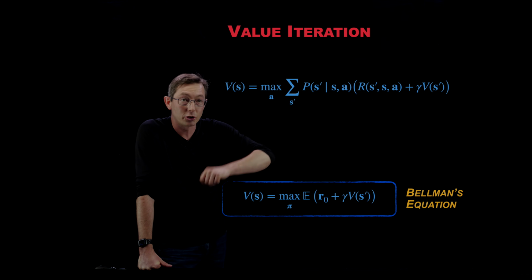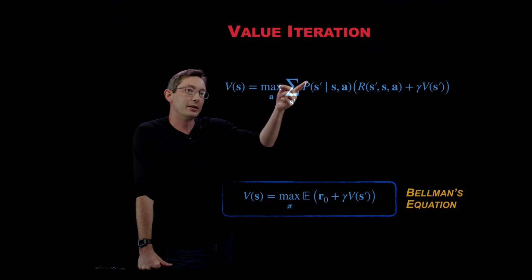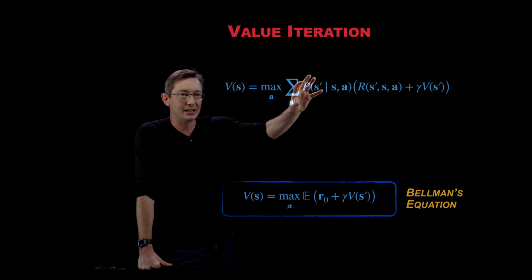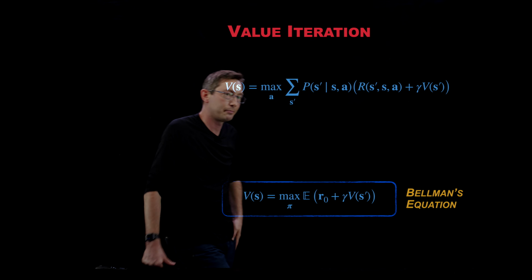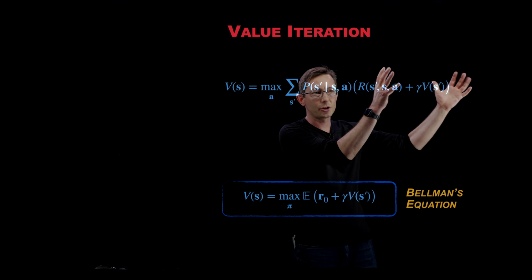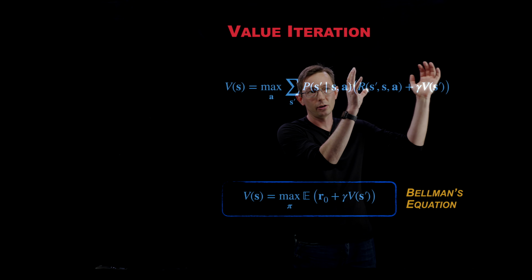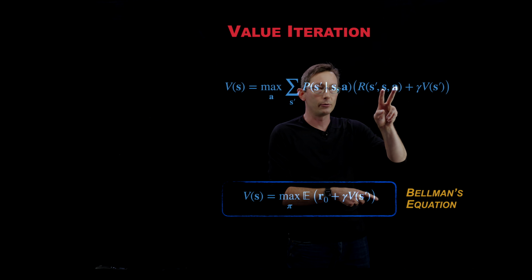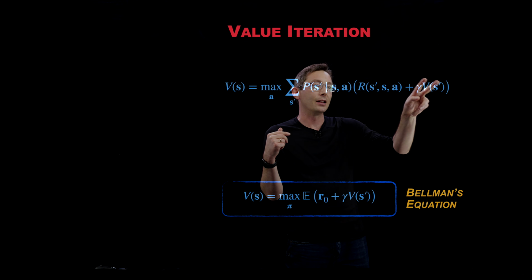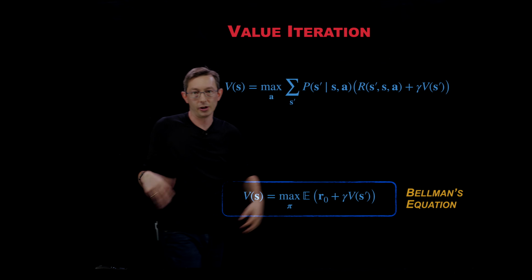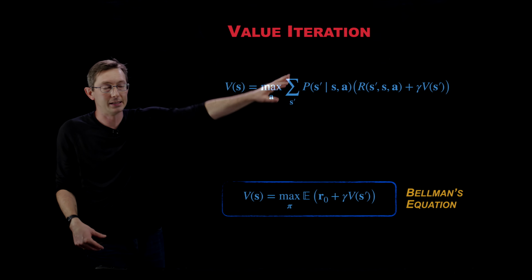If this was a deterministic process, you wouldn't have this sum and this probability, but it's necessary because this is a probabilistic Markov process. This is the thing we're trying to maximize: our future total reward, which is my reward now, given this action I'm about to take, and my future value function, the sum of all my future rewards discounted by gamma.